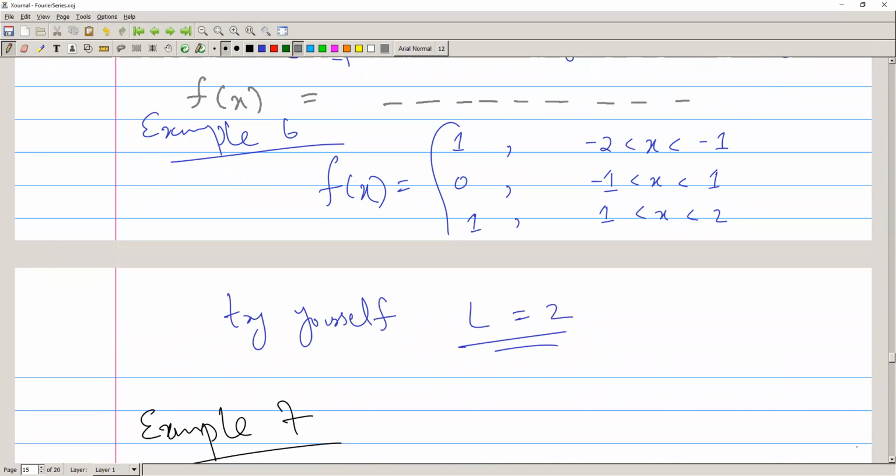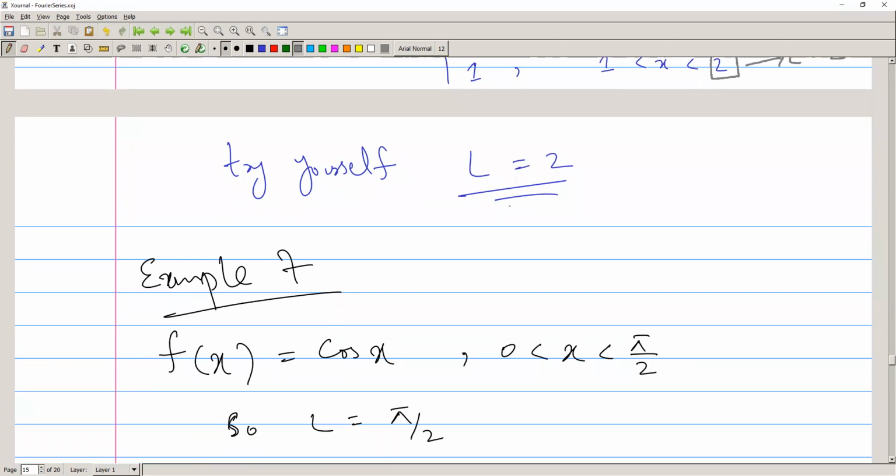This is also an example of a piecewise function, and we can see that L is equal to 2 in this case. So the Fourier series generated by this function will be a naught over 2 plus sigma n from 1 of an cos n pi x over 2 plus bn sin n pi x over 2.